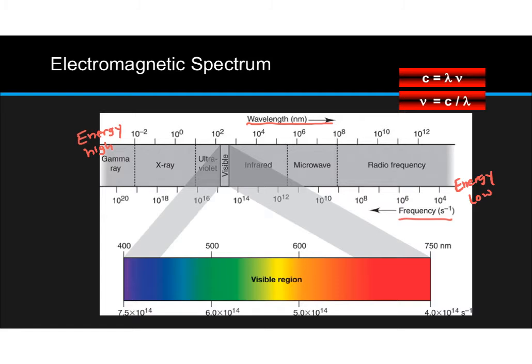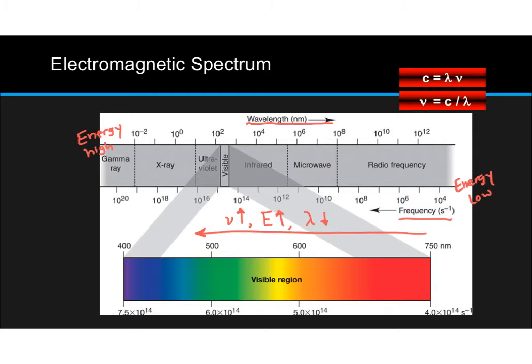Radio frequency waves are pretty benign. As we move from right to left across this electromagnetic spectrum, our frequency goes up, our energy goes up, and our wavelength goes down.